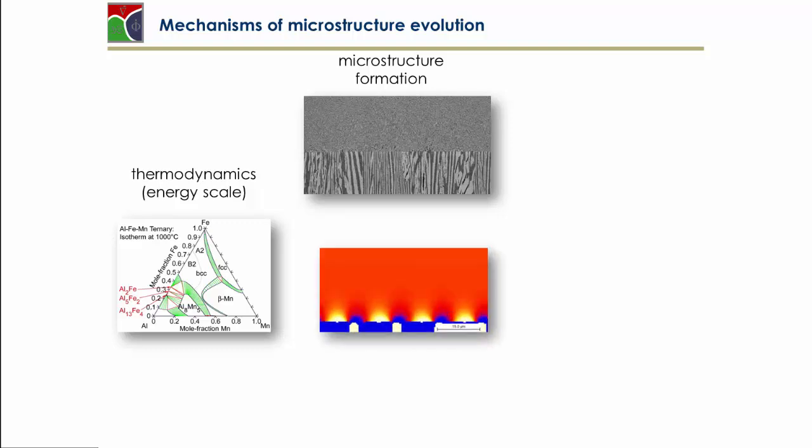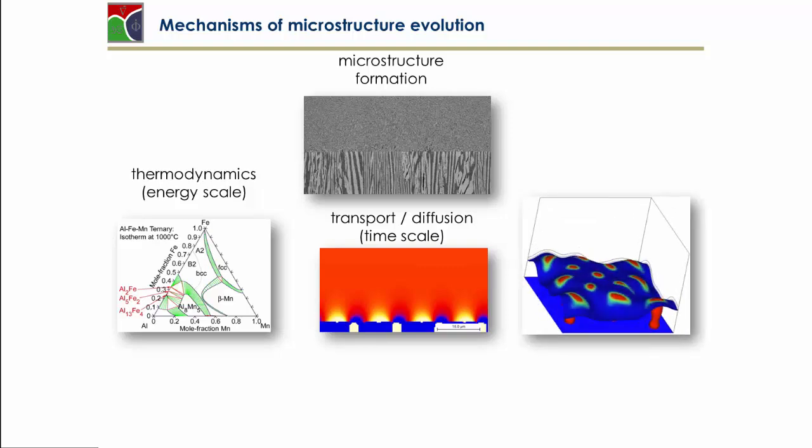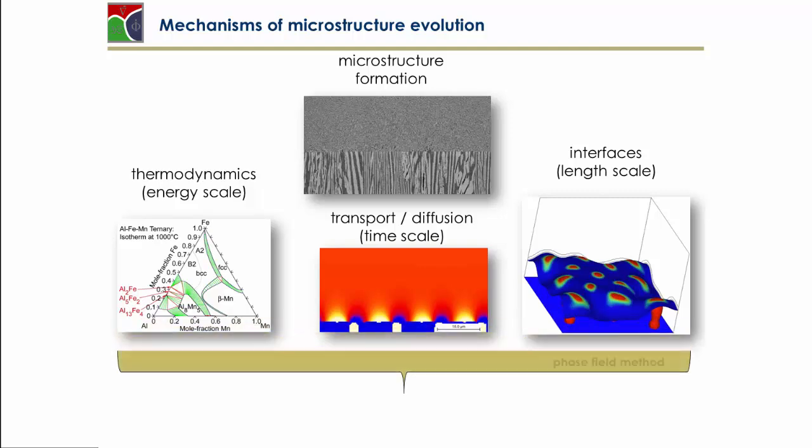Then the diffusion, like used in Dictra, tells us how fast the transformation takes place. And then there is a third one, which defines the length scale in our system.